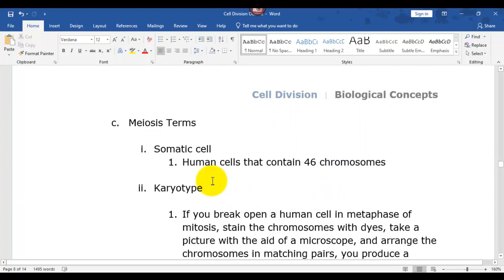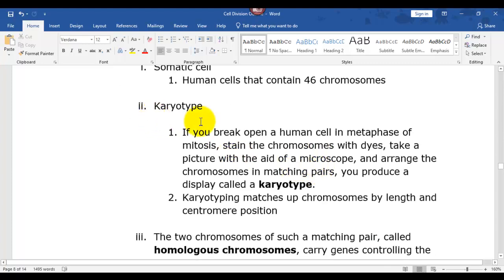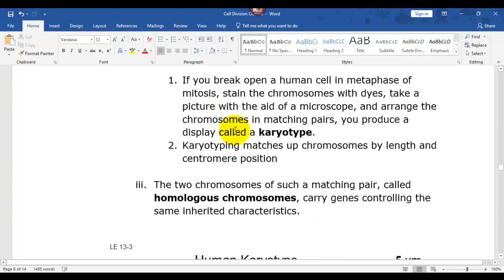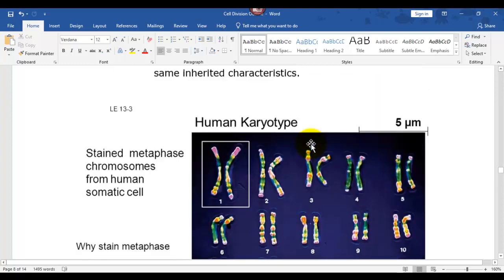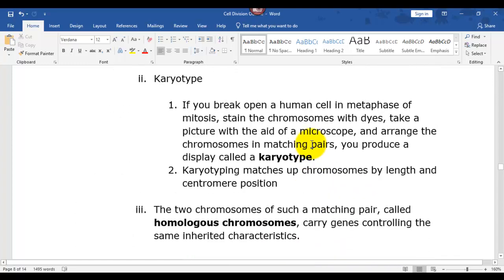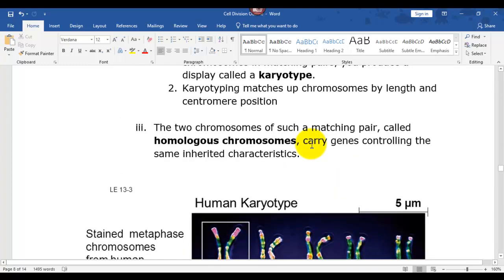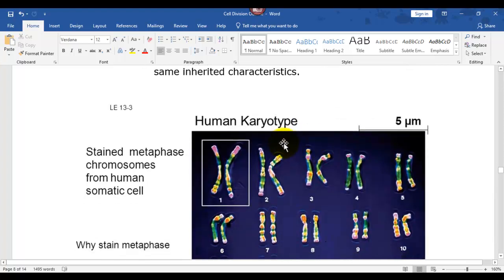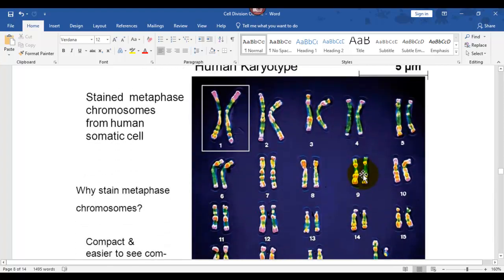Here are some terms of meiosis. A somatic cell is a cell that has 46 chromosomes. Now, a karyotype, these are really cool. This is what they look like. You take a cell that's in metaphase, you crack it open, use enzymes, and you can cut out all of the chromosomes in metaphase.